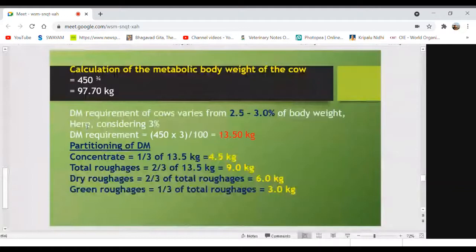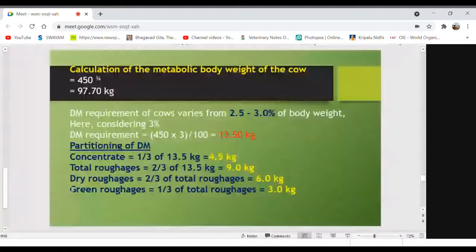And then out of the total roughage diameter, 2/3 should be dry roughage and 1/3 should be green roughage. Okay, and here another point is there. Green roughage may be leguminous or non-leguminous. If non-leguminous, then 1/3 of the total roughage will be green and 2/3 will be dry.